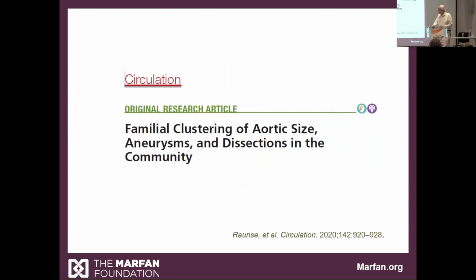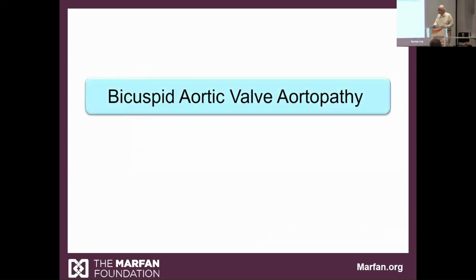Now, it's also been understood that larger aortas are often found in familial clusters. So this is still a large area of research. It's not completely understood why some people have this relatively mild course where nothing bad happens, and yet other people are like my patient with the brother, where terrible things happen in the family. So there is a lot of a research agenda here.